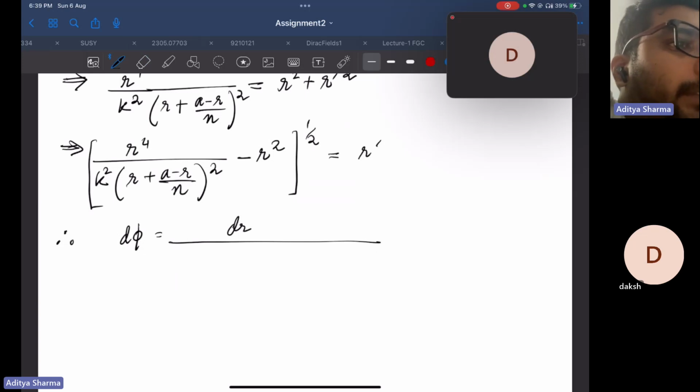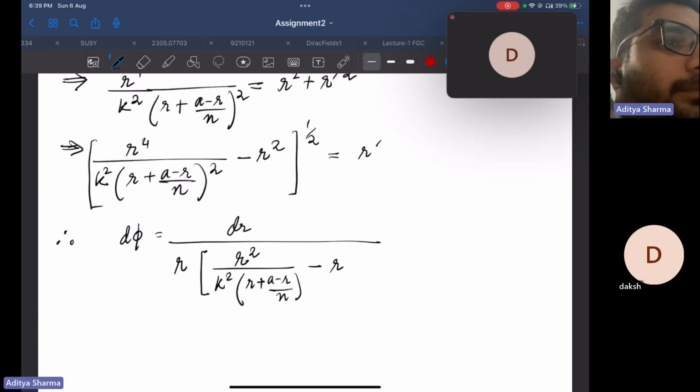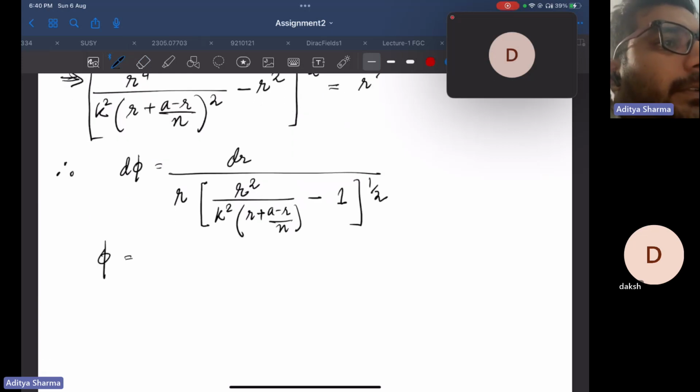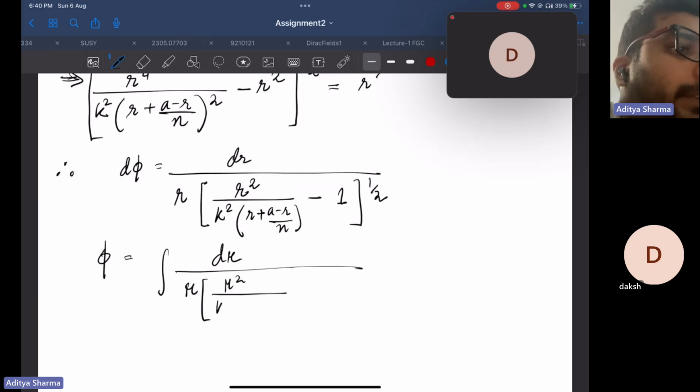dr by r. Dr. Integrating this, to integrate this complicated integral to get a result.